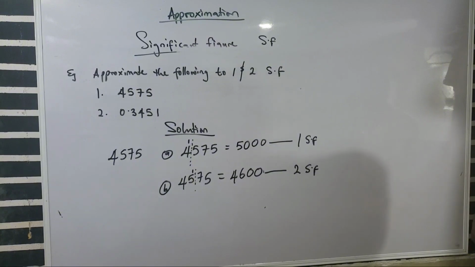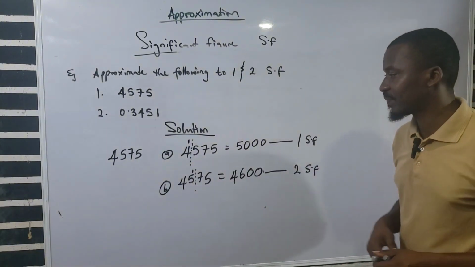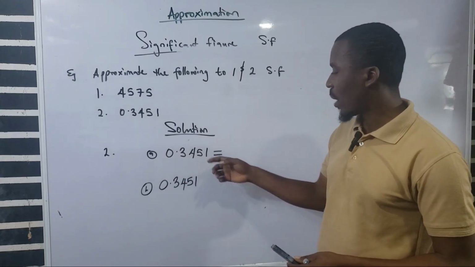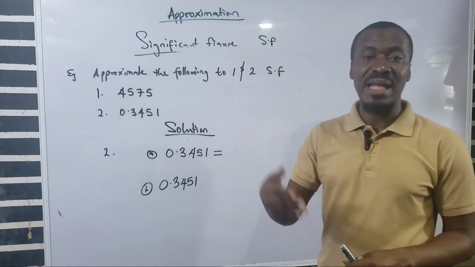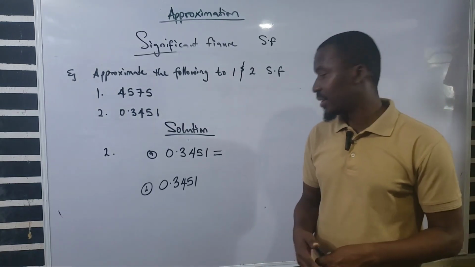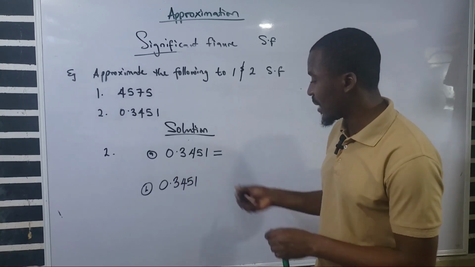So let us look at number 2. Then we move to decimal places. In the second question, we have 0.03451. Remember, the significant figure starts from the first non-zero digit, and in this number the first non-zero digit is 3.